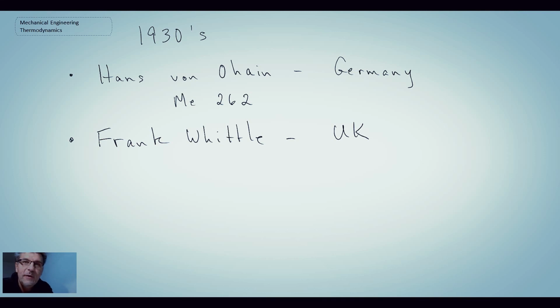So that provides a bit of an introduction to the gas turbine engine. The next thing that we're going to do is take a look at the cycle and the process diagram for the gas turbine engine.